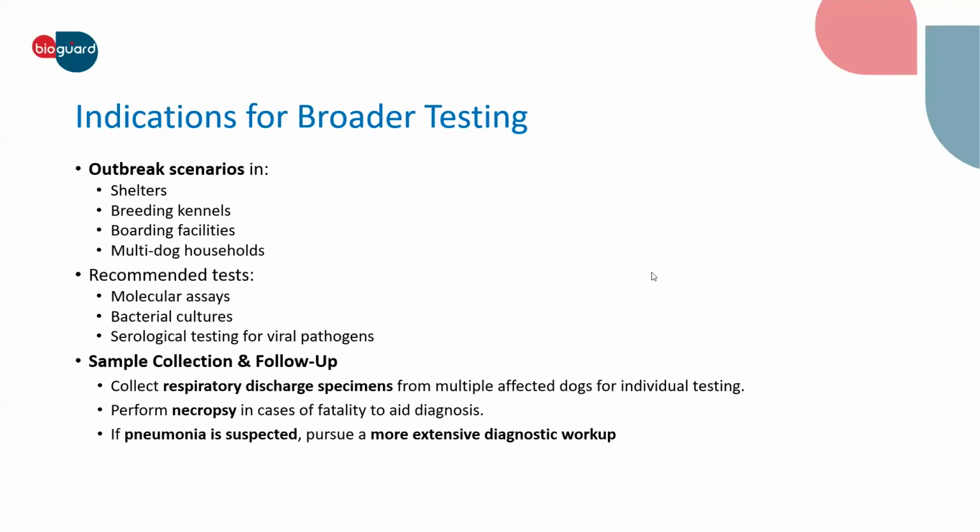Sometimes serology testing for viral pathogens may also be necessary. For these tests, it is suggested to collect respiratory discharge specimens from multiple affected dogs for individual testing, similar to the cat URTD. In this way, we can increase the diagnostic sensitivity and positive predictive value.